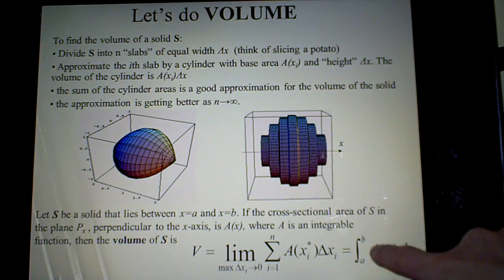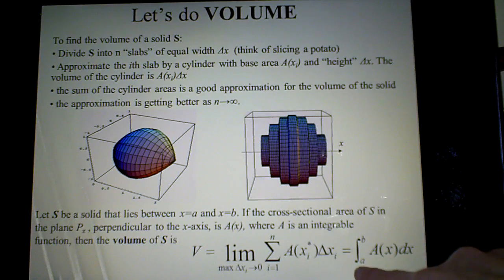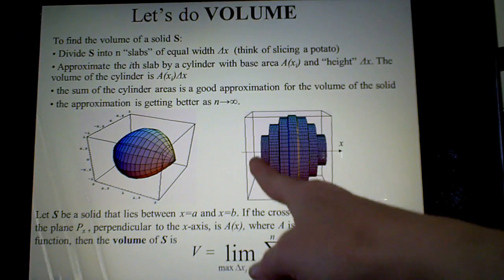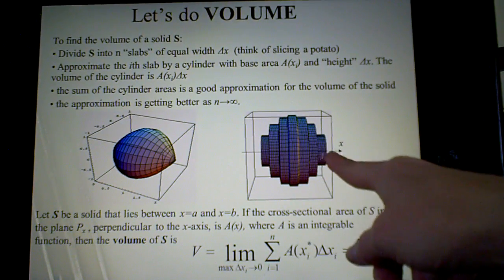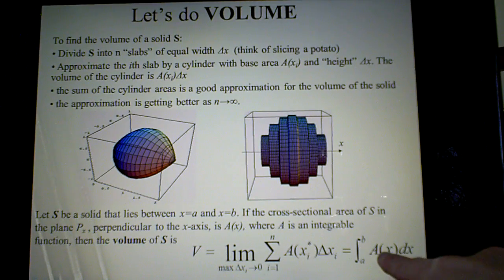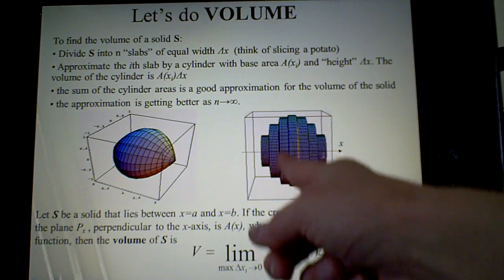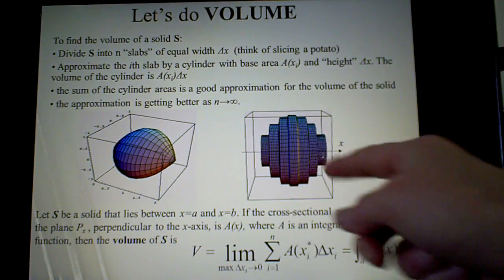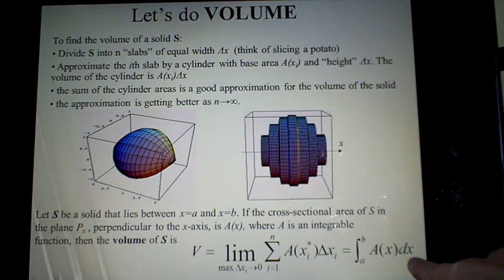So this is the important component right here. You are starting to make slices at a, over here, finishing at b, and you are summing the areas of the cylinders times their widths, because the slices that you make give it the third dimension. Area times width gives you volume.